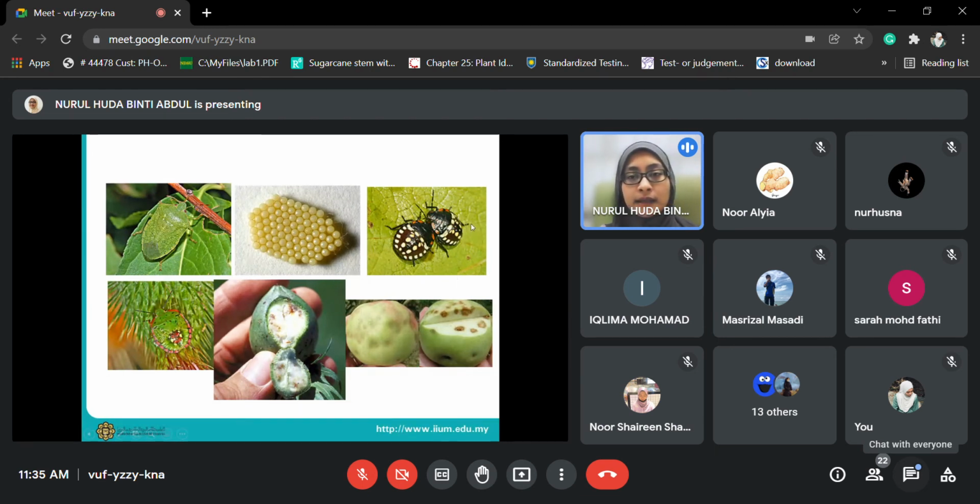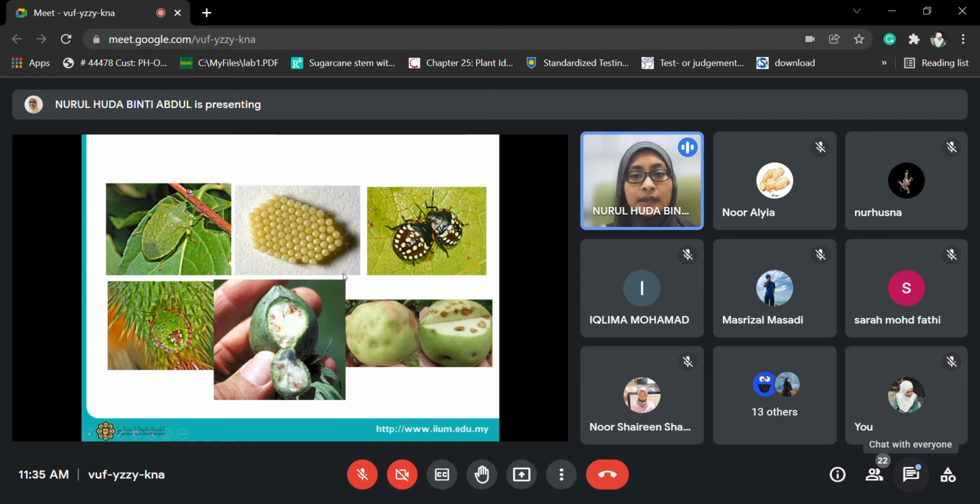Yang colour hitam kat sini, as you can see, this is the earlier stage of nymph. And then later the nymph akan develop jadi yang bahagian bawah ni. This is a bit mature nymphs, and this is the adult. So as you can see, dia punya coloration as well as shape juga berubah for this insect.